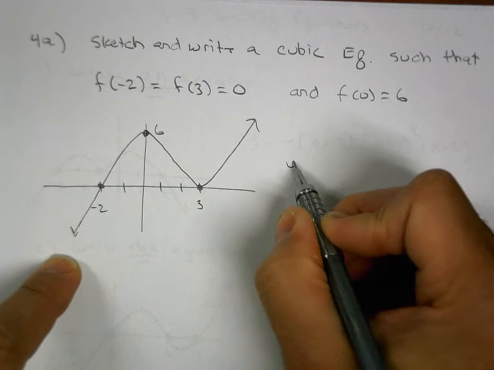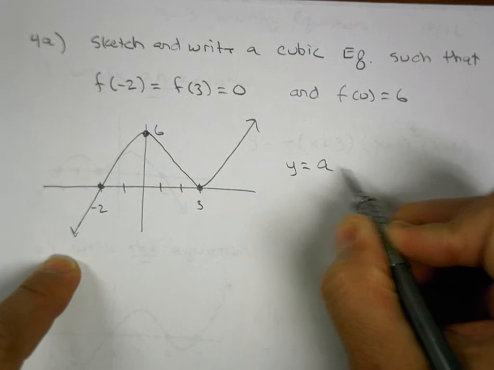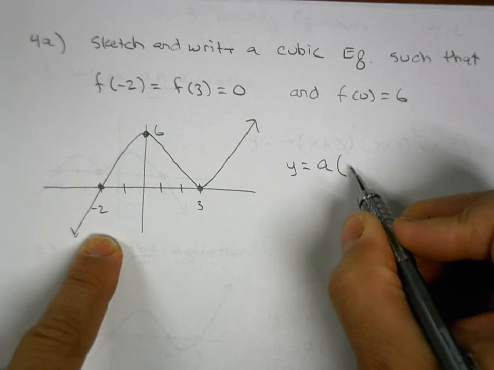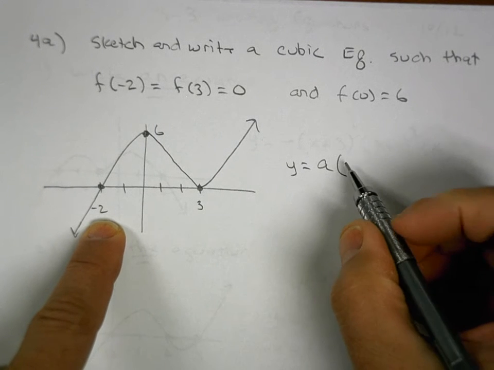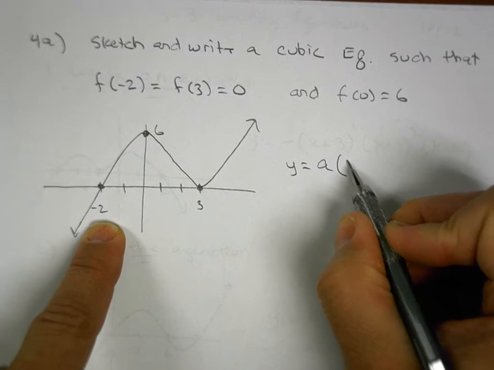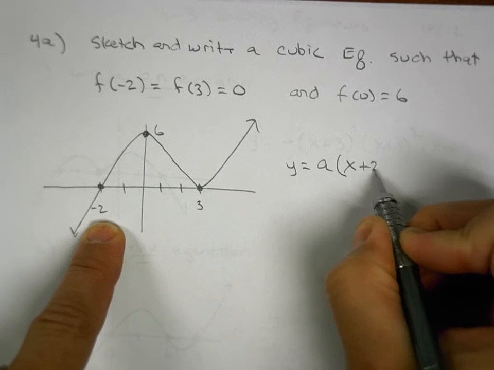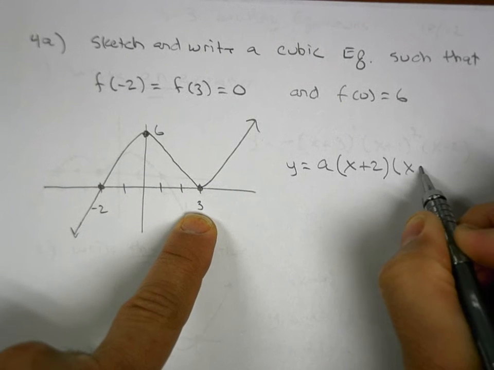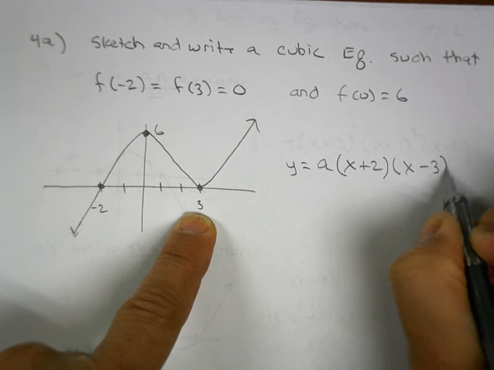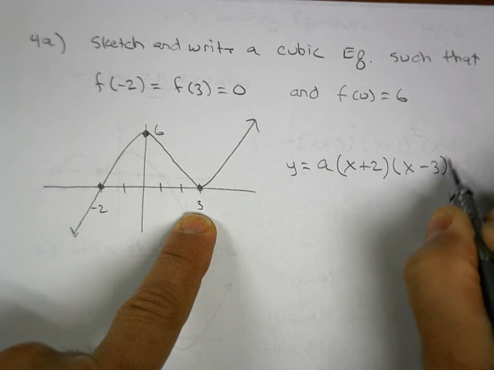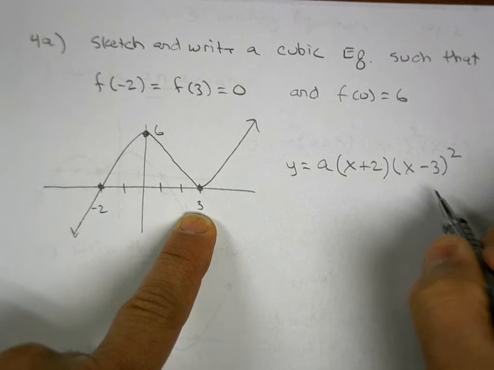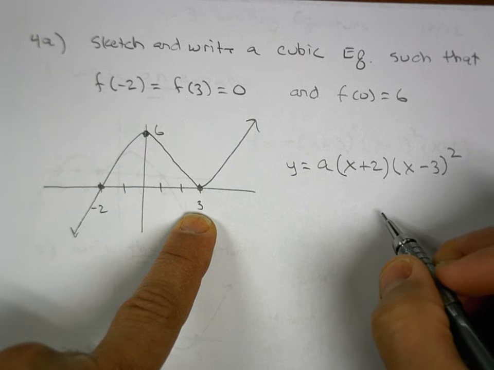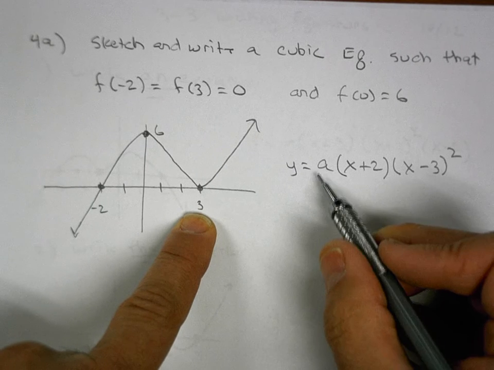Well, let's write it. y equals a times, well, here's an x-intercept of -2, so what do I write? x plus 2 times x minus 3 squared, because it bounced. Is that a cubic equation? It is. So there we go. So how do we find the a value?